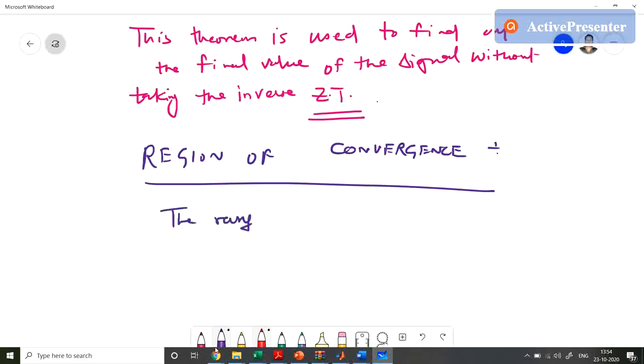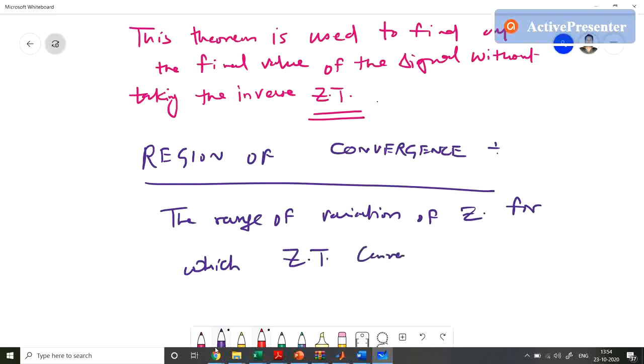The range of variation of z for which the Z transform converges is called the region of convergence.